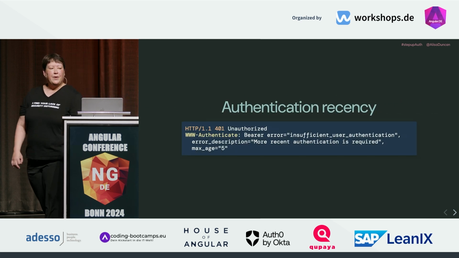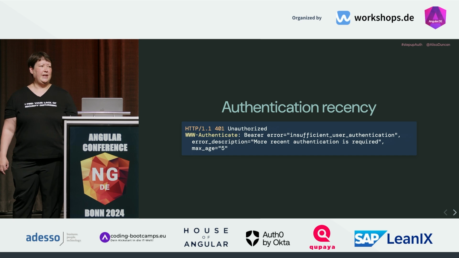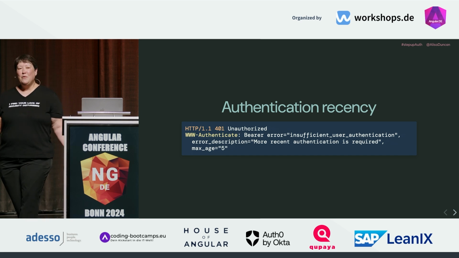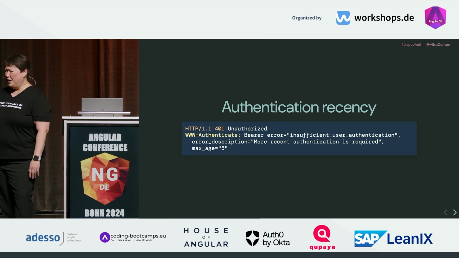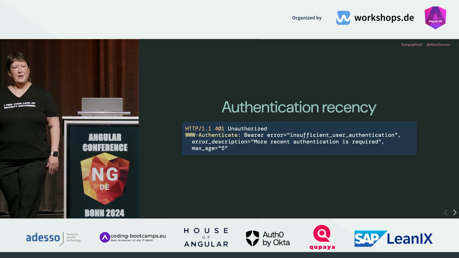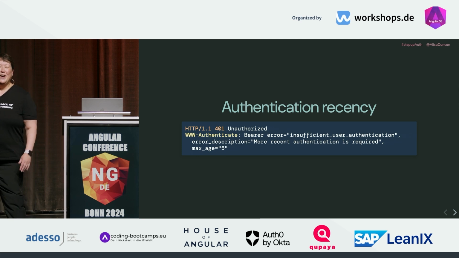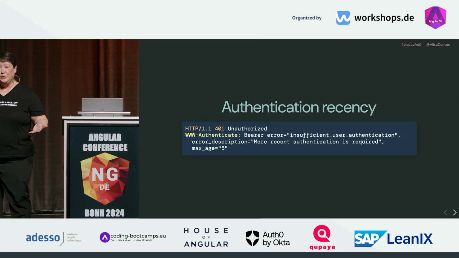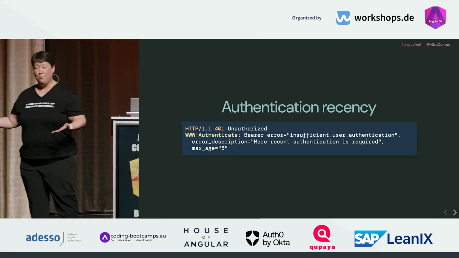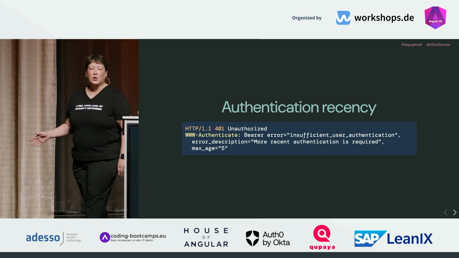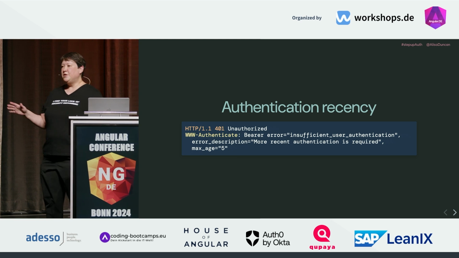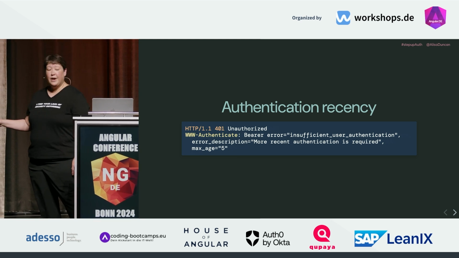You might be wondering, what about authentication recency? Isn't that a core part of that spec? And you're right, it is. We focus on authentication levels in this demo because counting time seems to be not the right way to spend demo time, right? So how we would normally handle authentication recency, to make sure that the user has authenticated recently before performing an action, is very similar. You're still going to have a 401 unauthorized error, and you're still going to get that insufficient user authentication error.